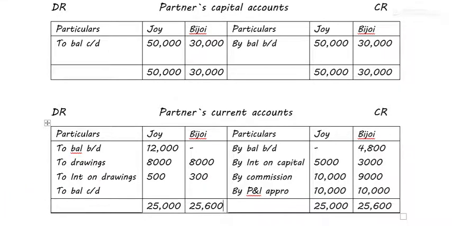Now we calculate the closing capital. For Joy, 25,000 minus 12,000 minus 8,000 minus 500 gives the closing credit capital. So now finally Joy has a credit capital, because previously Joy had a debit capital, right? What did I tell you? If at the end of the year the closing capital is recorded here, it means it's a credit capital, normal capital.